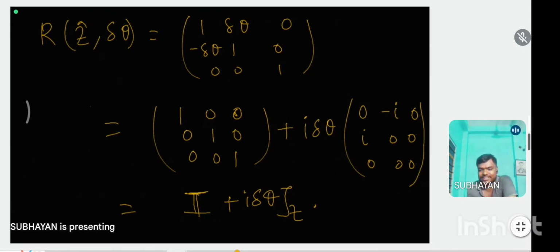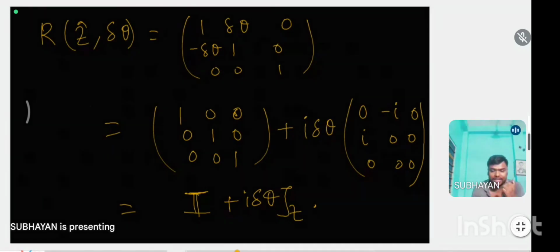And if you examine this clearly, you may find these matrices are the elements of Jz. I am writing Jz because if you remember the matrix form of the angular momentum operators, this is surely the z component of angular momentum. So we have the correspondence between rotational symmetry and angular momentum.